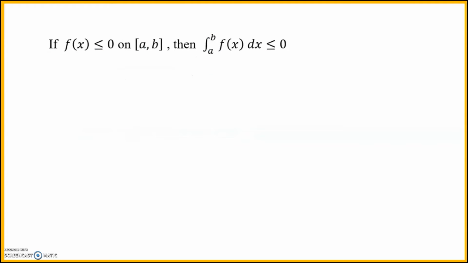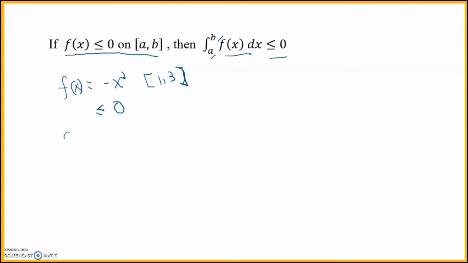In the reverse case, if f(x) is less than 0 in an interval a to b, then the integral of f(x) in the interval a to b will be less than 0 also. So for example, we have f(x) equal to negative x squared, let's say on 1 to 3, which is always less than or equal to 0 in this case.